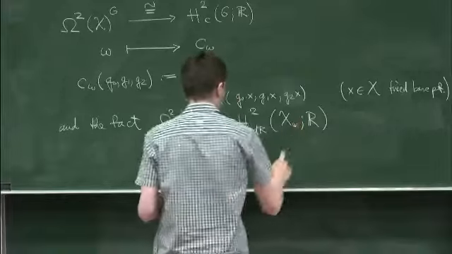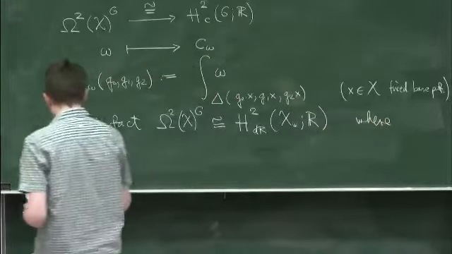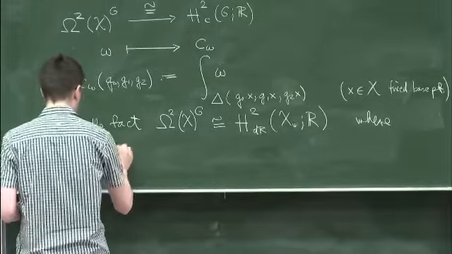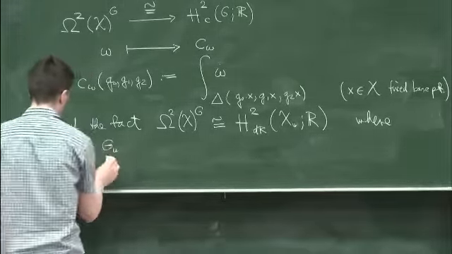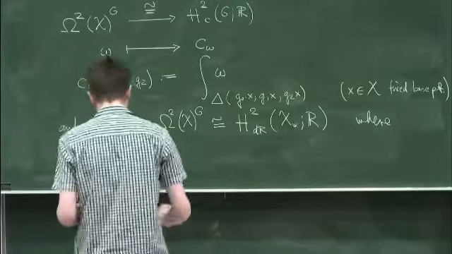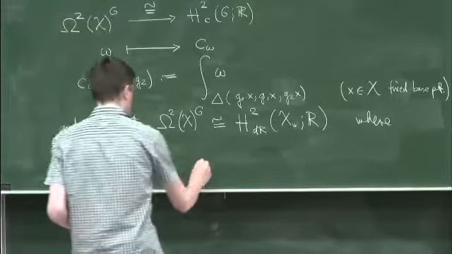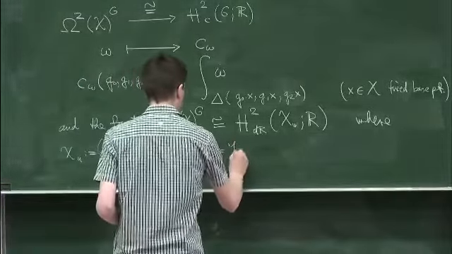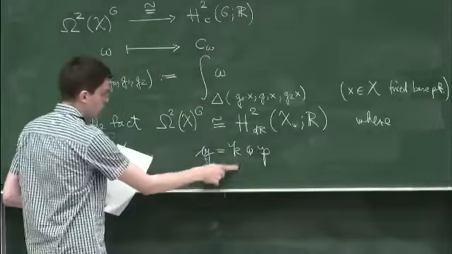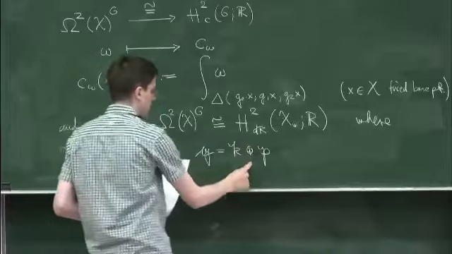I'll explain this in a second. The compact dual symmetric space is defined as the quotient of the compact dual group of G by the maximal compact subgroup. This group is obtained if you take the Cartan decomposition of the Lie algebra of G. So you have the Lie algebra of the compact group and a non-compact complement with respect to the Killing form.